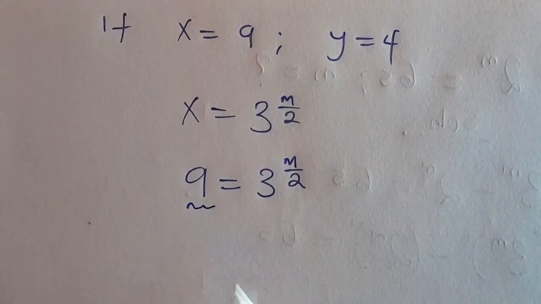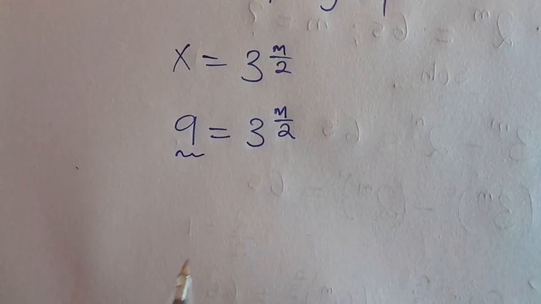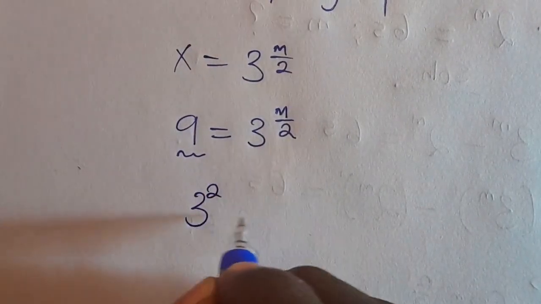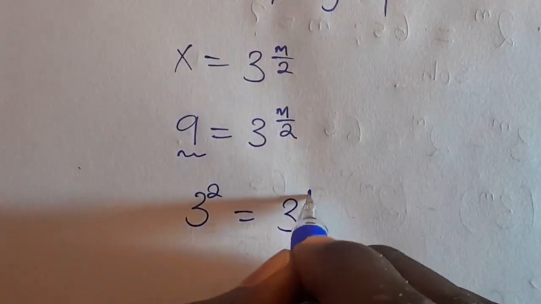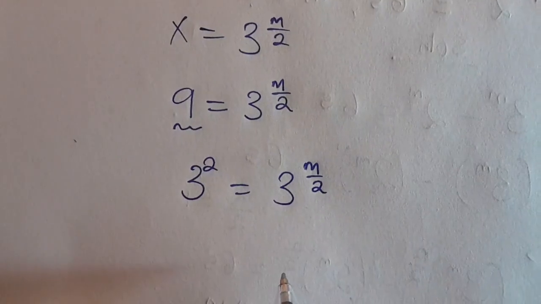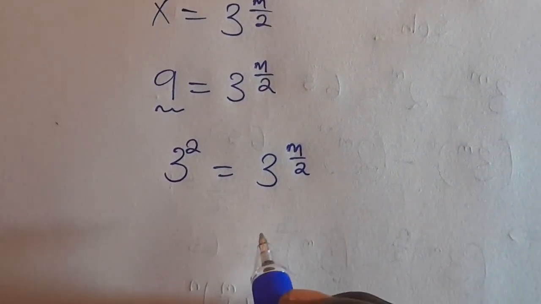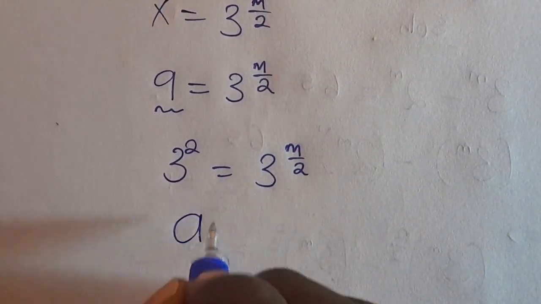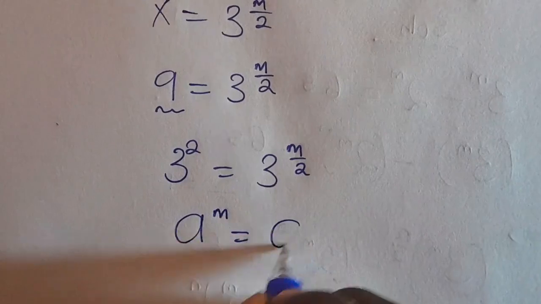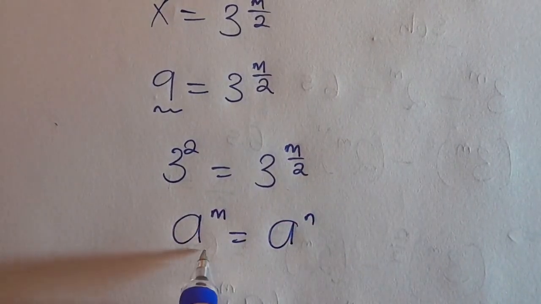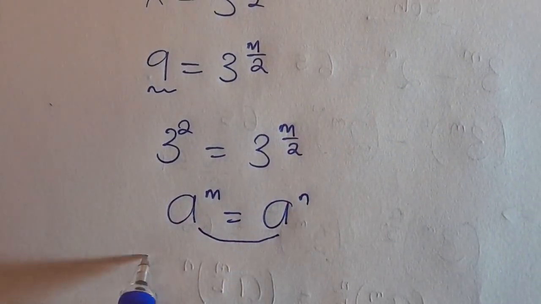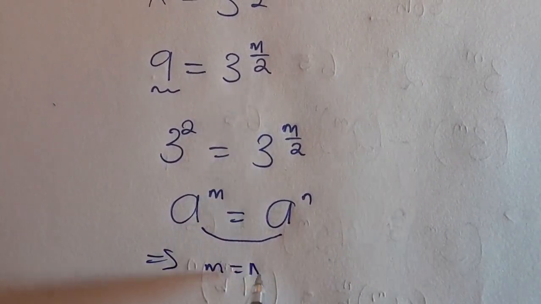Mind you, we can write 9 in base 3 as 3 to the power of 2, equals 3 to the power of m divided by 2. Now, we recall from the law of indices, when you have a to the power of m equals a to the power of n, so far they have the same base, we can equate their powers to be m equals n.